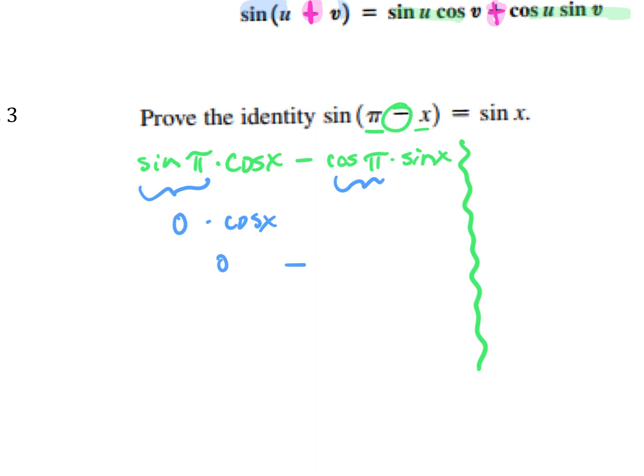If we're multiplying by 0, it's just gone. It's still just the cosine of x, but if we multiply by 0, then that becomes 0. What about the cosine of pi, Hillary? Okay, good. So we get minus -1 times the sine of x. And if we have minus a -1, that becomes a +1. You just verified that identity. Left-hand side equals right-hand side, right?